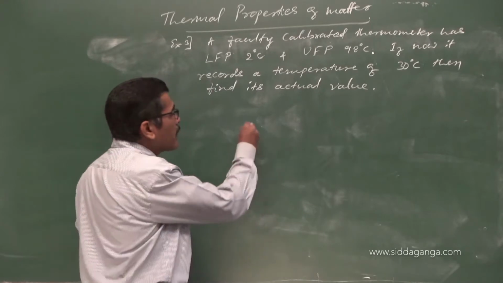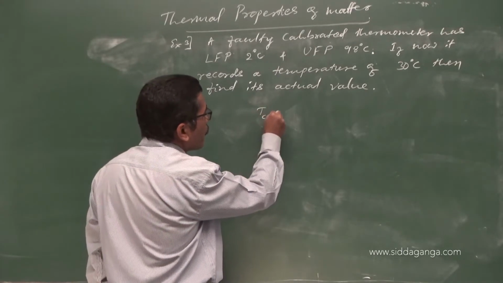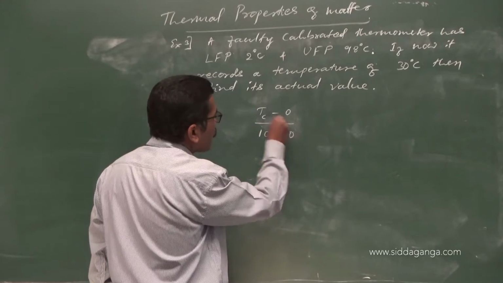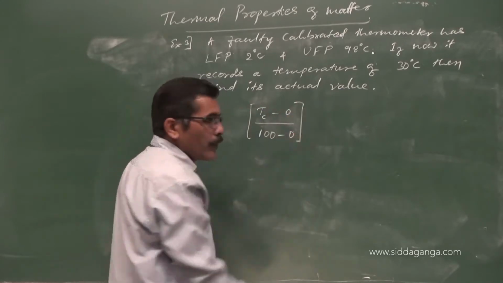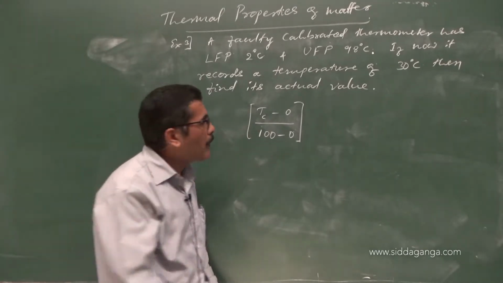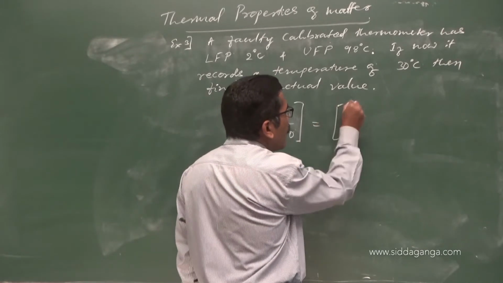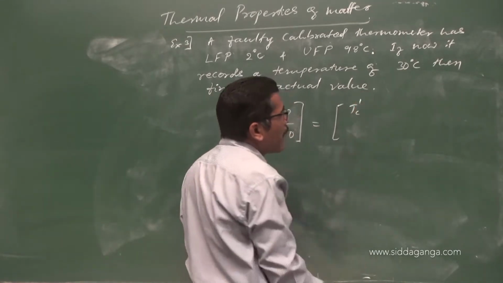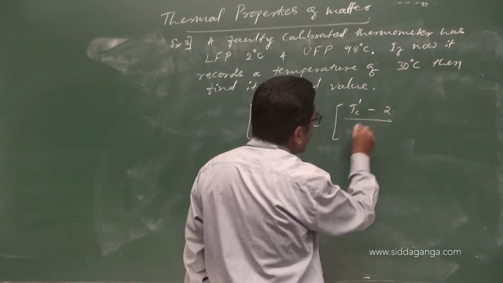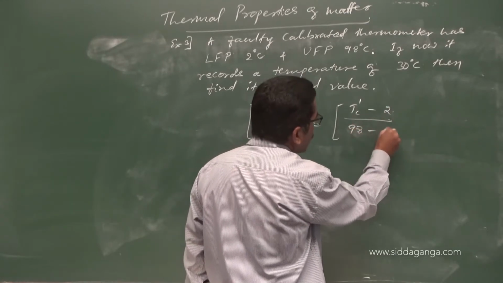Let us take the relation (Tc minus 0) over (100 minus 0). This is for the properly calibrated thermometer. This is equal to that for the faulty calibrated thermometer, (Tc dash minus 2) over (98 minus 2).